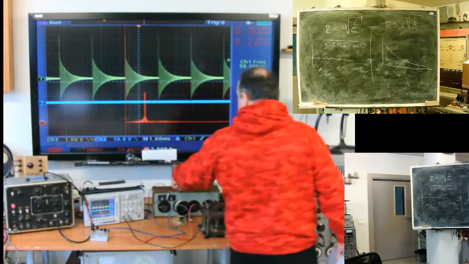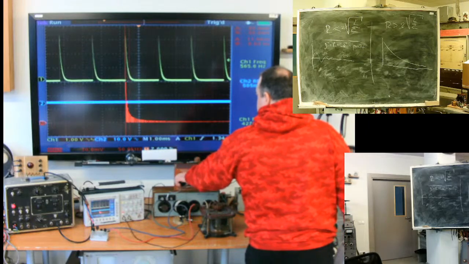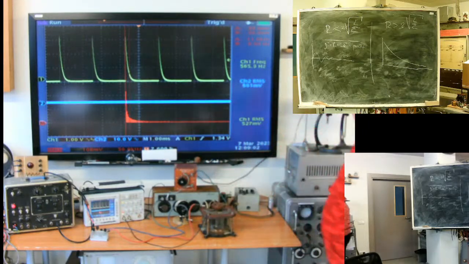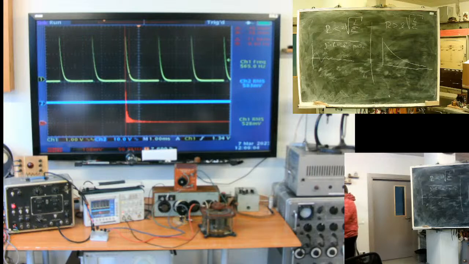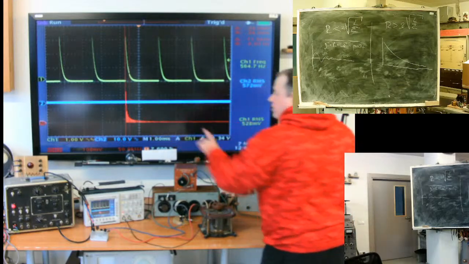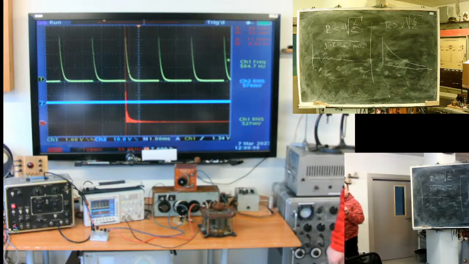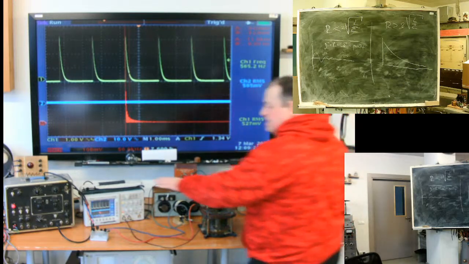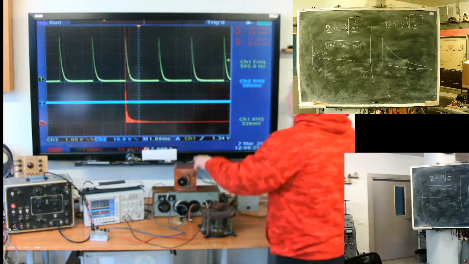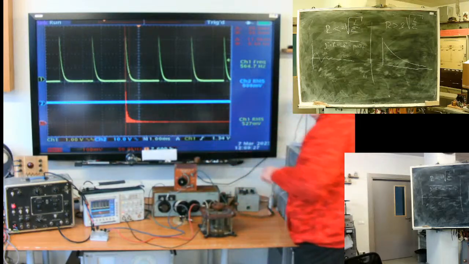If I increase active resistance, see what happens. Did the amount of energy change? No. The amplitude of the pulse remains the same. The length or time of the pulse remains the same. The generator supplies the same energy. But how is this energy distributed? You see?